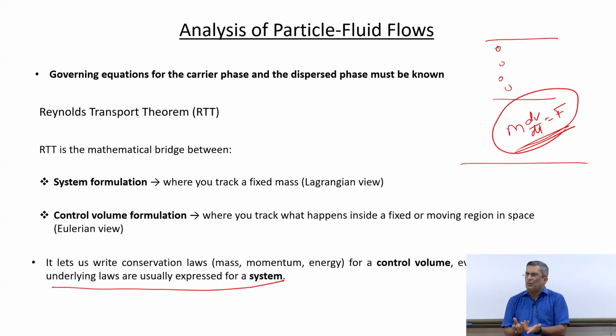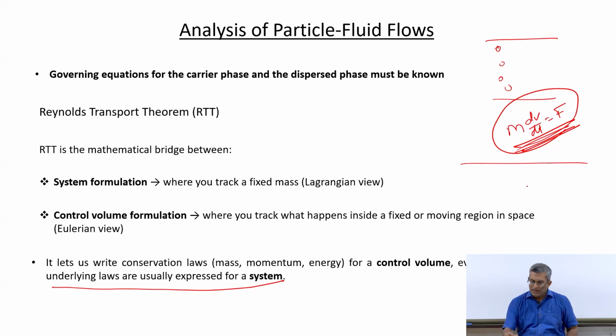So, what are the main underlying laws that govern a fluid flow? One is Newton's law, mass times acceleration is your force. The other one, if I am interested in the temperature of the fluid, then I have to use the first law of thermodynamics.